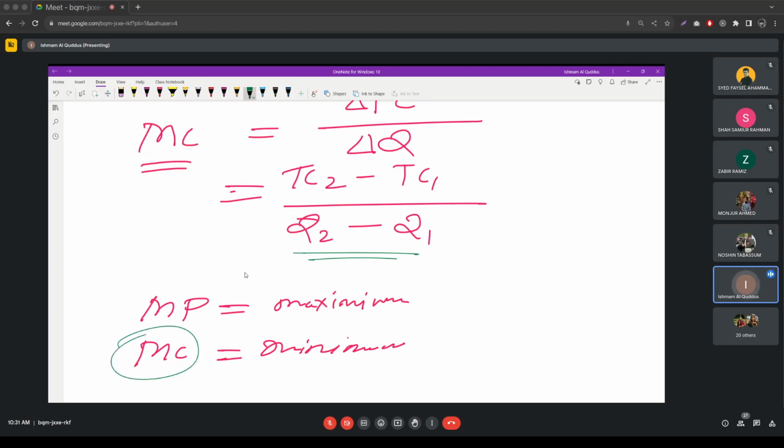That means marginal cost would be at its lowest, which is the minimum level. So our productivity is highest, I'm being cost effective, right? So productivity highest means minimum cost associated with the production, which is the marginal cost here.